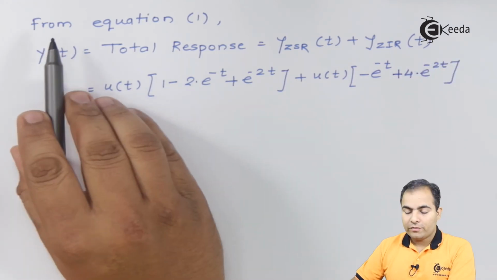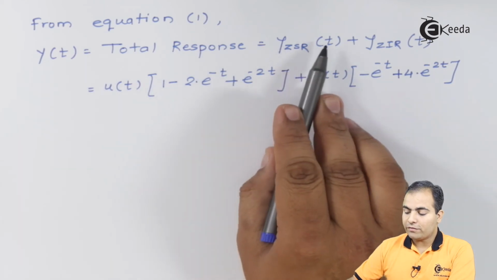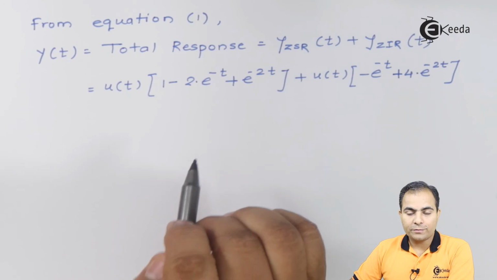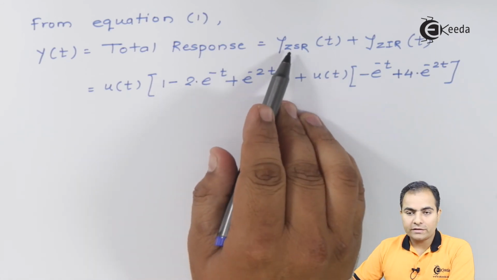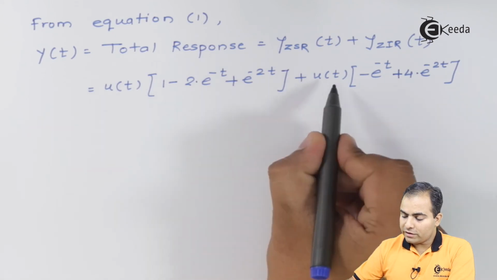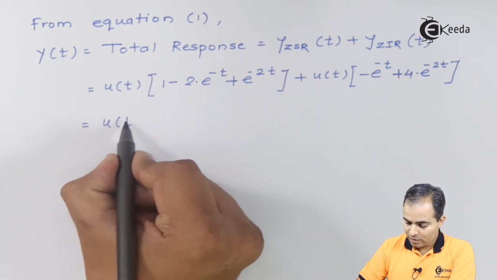Now from equation 1, what was there? Y of t was YZSR of t plus YZIR of t, and this combined will give us a total response. Now I have substituted the YZSR of t and YZIR of t equation over here. Now from both these sides we have a u of t, so you can take u of t common.